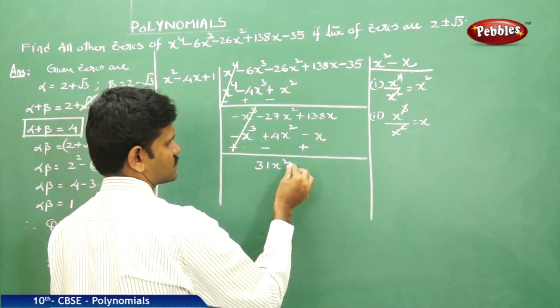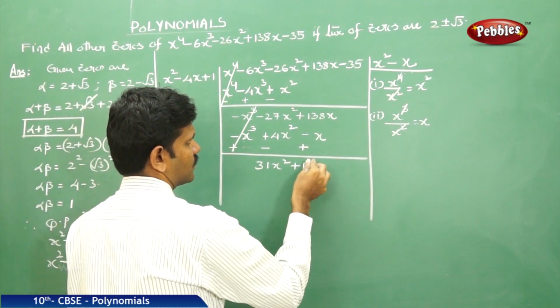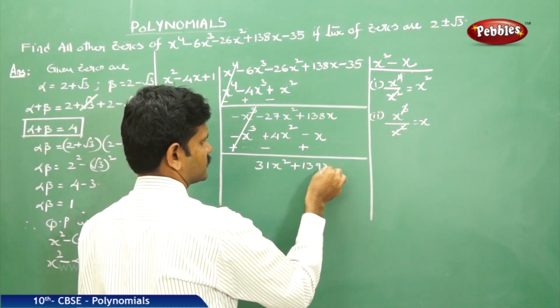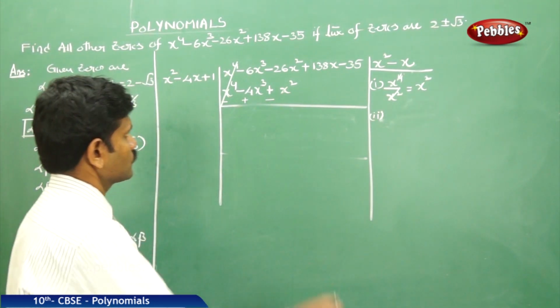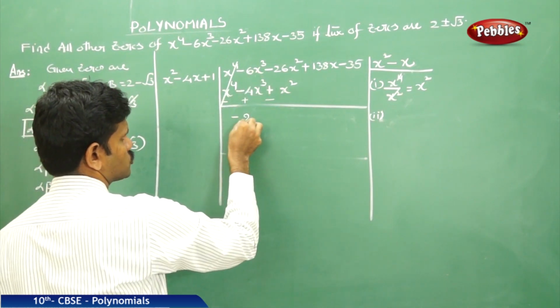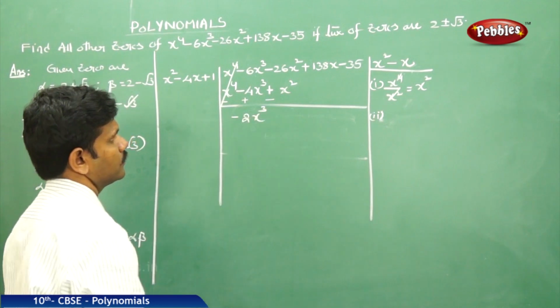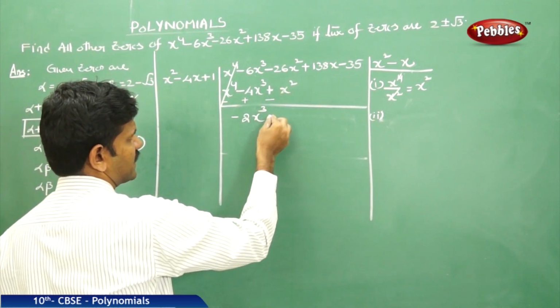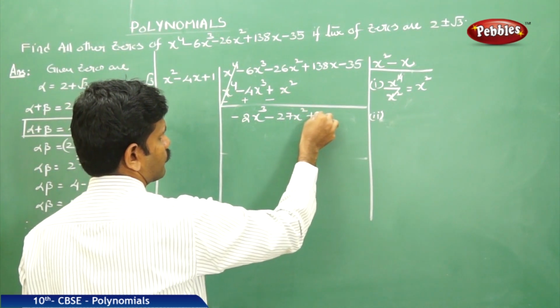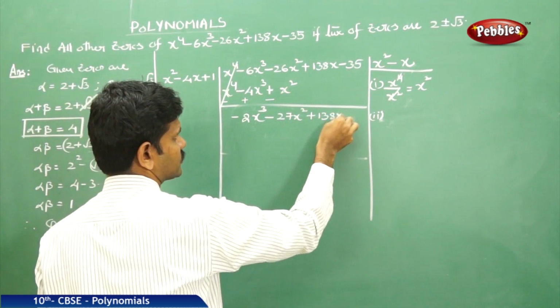Now both are plus, 138 plus x, 139x. Minus 6x cube plus 4x cube, minus 2x cube, minus 26 minus 1, minus 27x square plus 138x.